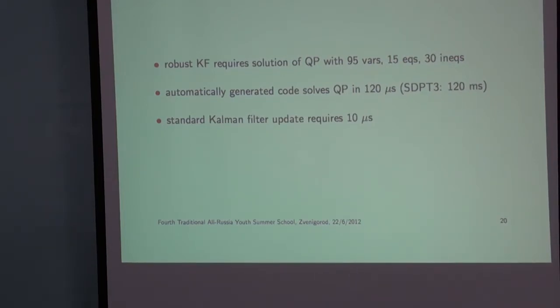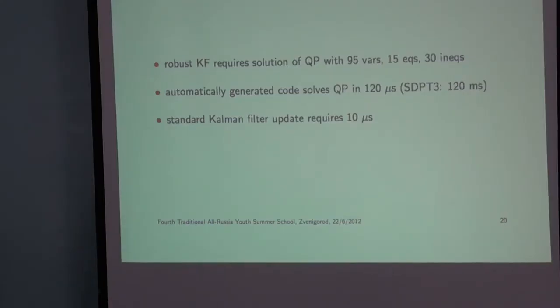So if you're running it at 5 hertz, it's already fine, just in CVX. Just run it. But if you want to run faster, it's not going to work. So automatically generated code for this solves at 120 microseconds. This is actually down, I think, to about 40 microseconds right now. That means you can run this at 25 kilohertz.